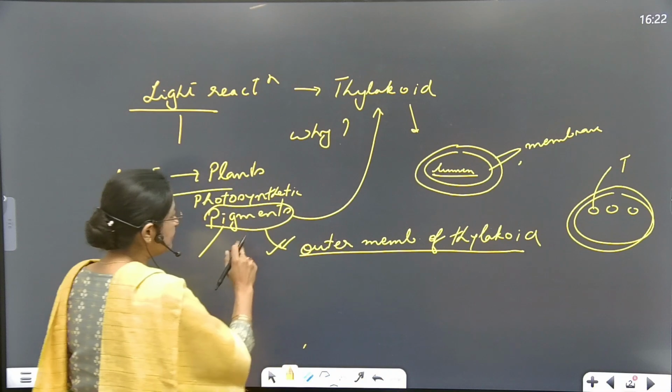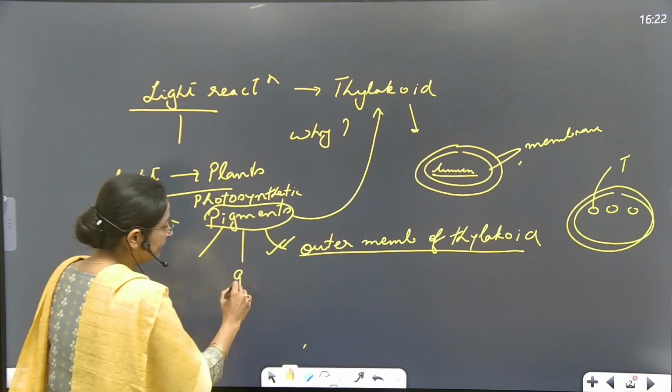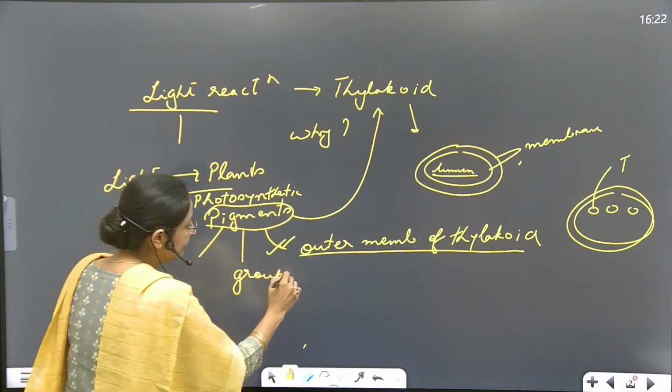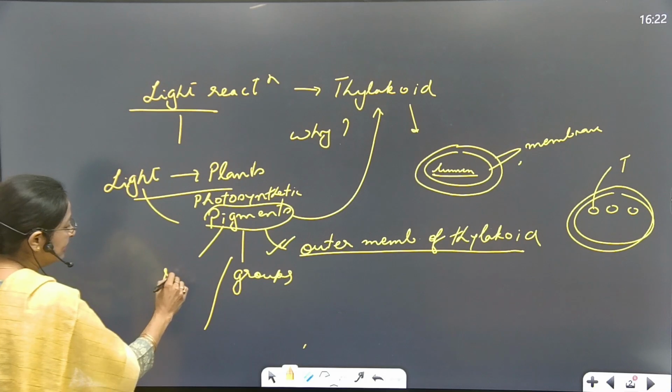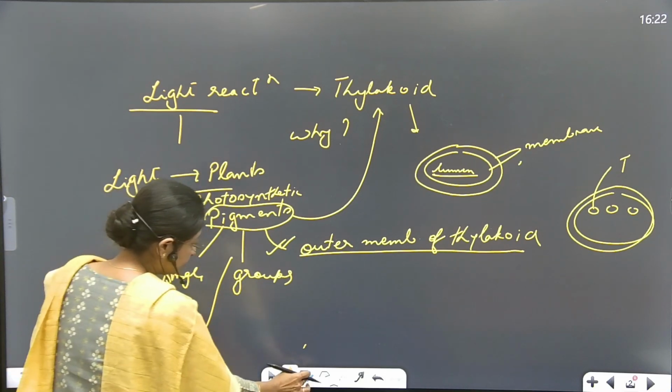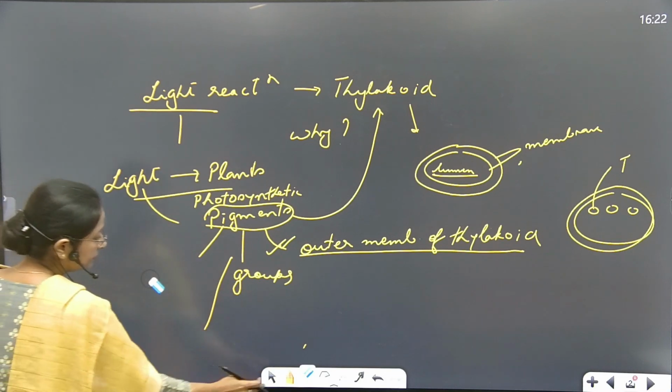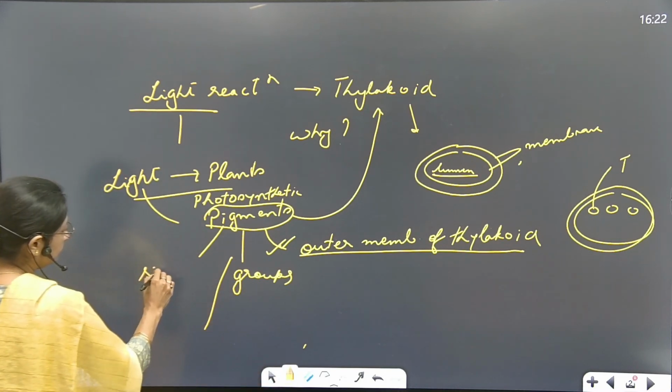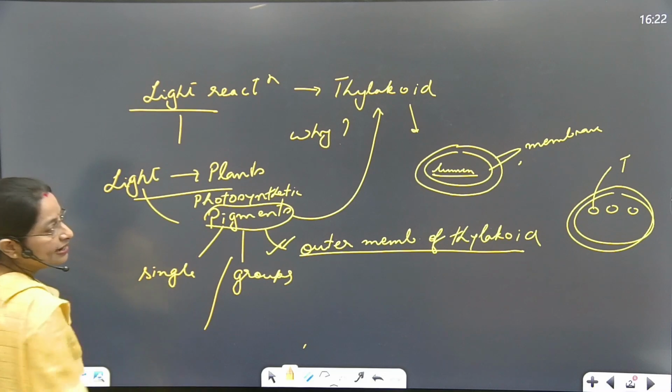So the next question is, are the photosynthetic pigments single or in groups?